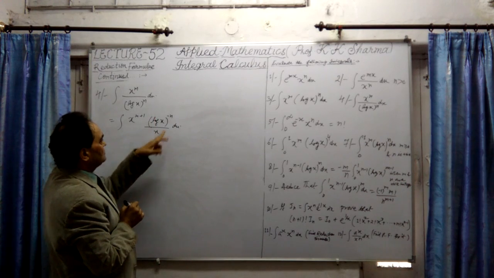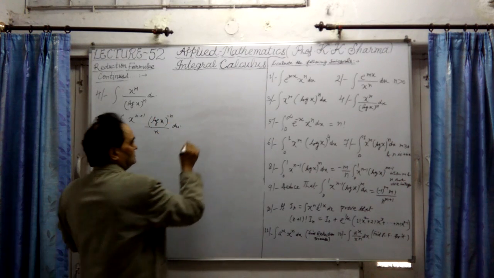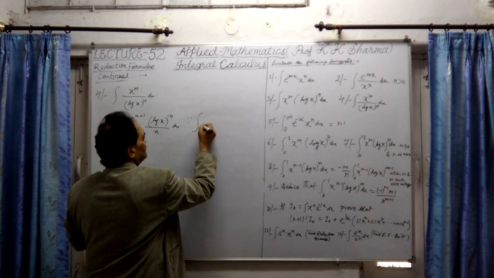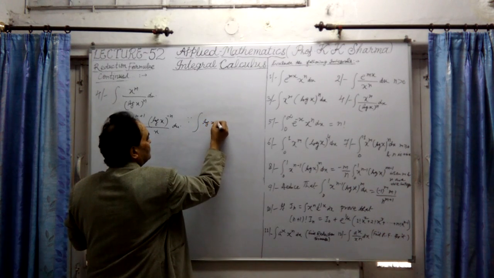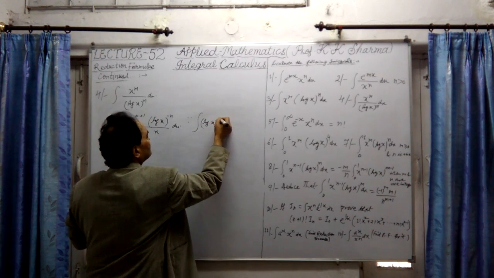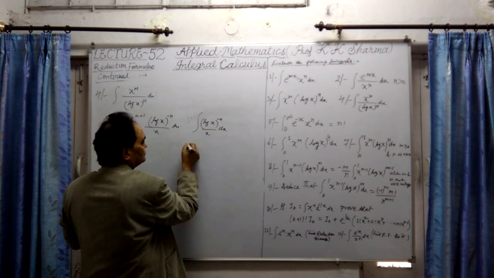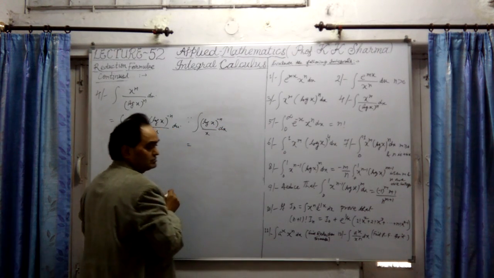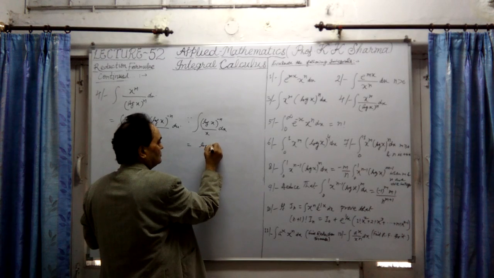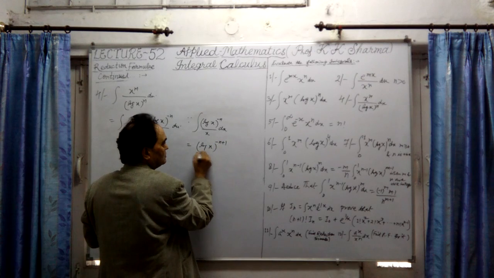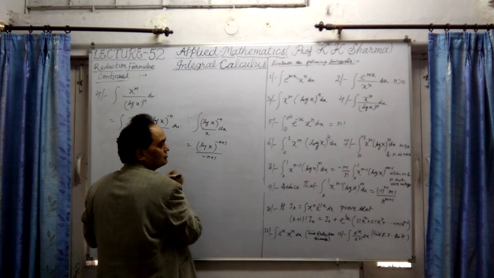Now the integration of log of x whole power minus n divided by x into dx will be log of x whole power minus n plus 1 upon minus n plus 1 only.